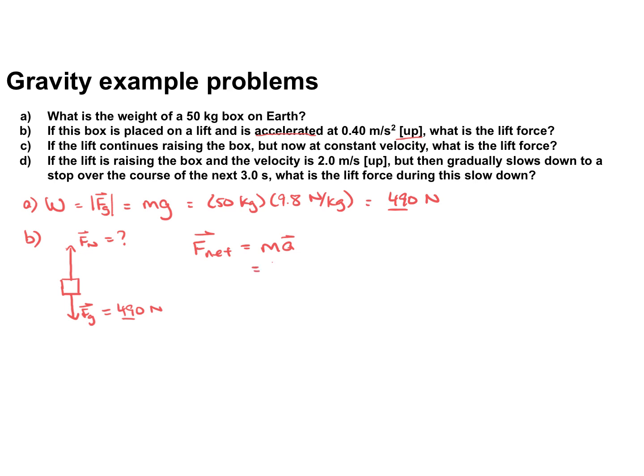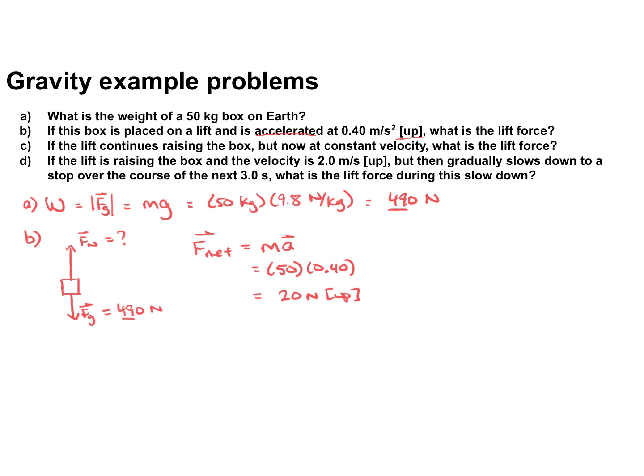So the mass is 50, and the acceleration is given as 0.40. So we multiply those together, and I get 20 newtons. So I know that the net force has to be 20 newtons. I also know that there's 490 newtons aiming downwards. So with some mental math, I can determine what my upward force has to be.